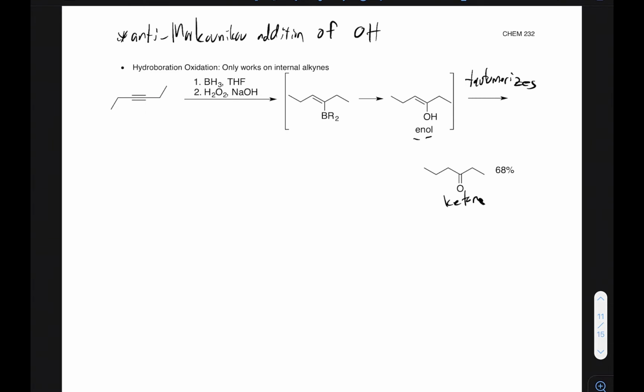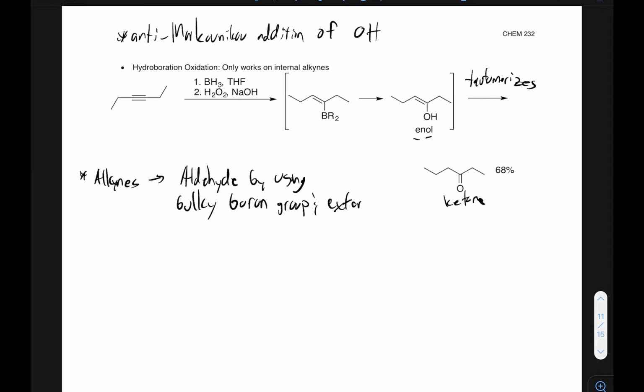So one thing we can do to change up the conditions a little bit is make an aldehyde from an alkyne by using a bulky boron group and a terminal alkyne.